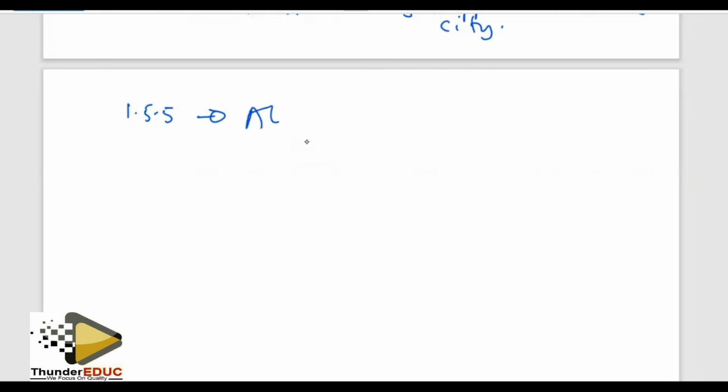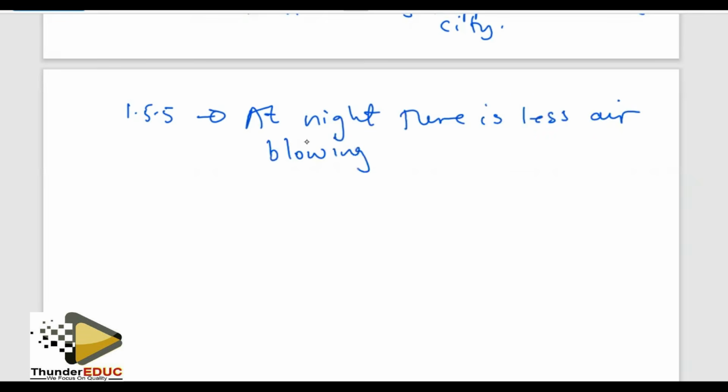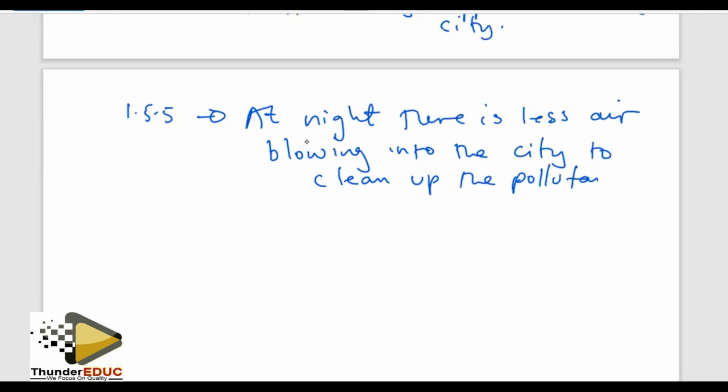I could say that at night, there is less air blowing into the city to clean up pollutants.